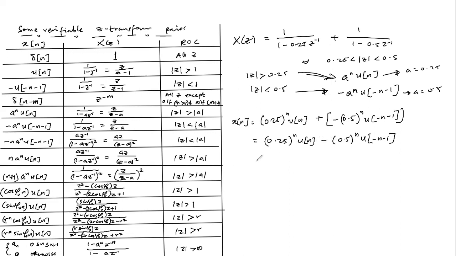Okay, so we know this is the same as (1/4)^n u of n minus (1/2)^n u of minus n minus 1.